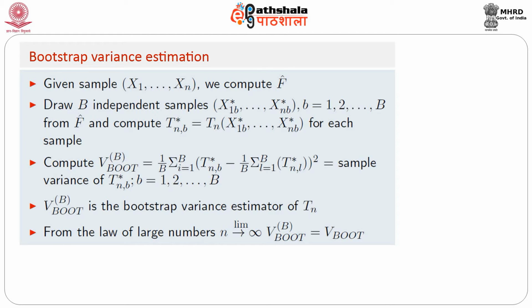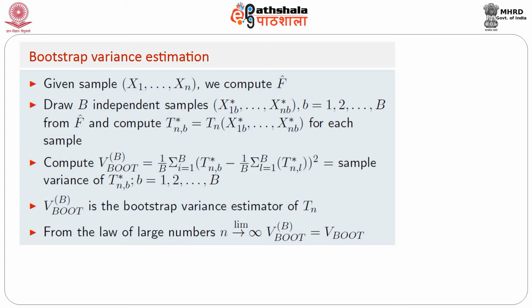Then we can find the variance of the bootstrap samples. So, V boot B is nothing but 1 by B summation b runs from 1 to B, because we have taken capital B samples, and then the normal variance formula. It is as if Tn b star is an observation, and we are getting B such observations, and we find the variance of those B observations.